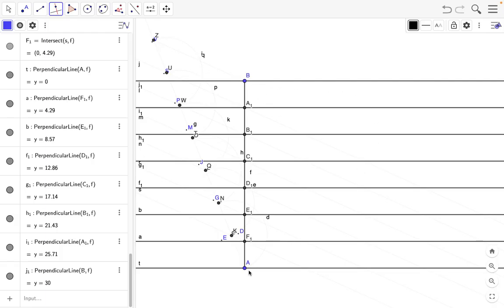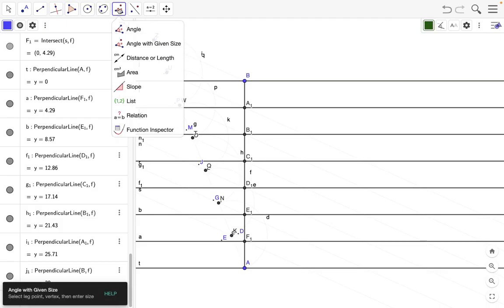For that we will draw a 45-degree line at A, so that the distance along the vertical direction can be projected directly on the horizontal direction. So for that we will select the angle option, here the measurement option. Here we will select angle with given size.